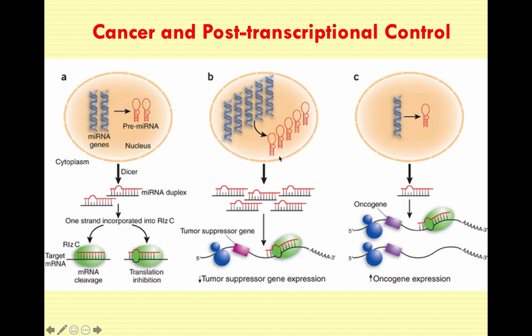A mutation which causes an increase in the microRNA genes, and of course an increase in the pre-microRNA in the nucleus. So there are lots of microRNA duplexes, and this would deactivate tumor suppressor genes, which means that even though the microRNA is abundant, it hinders tumor suppressor genes, so tumor suppressor genes couldn't function.